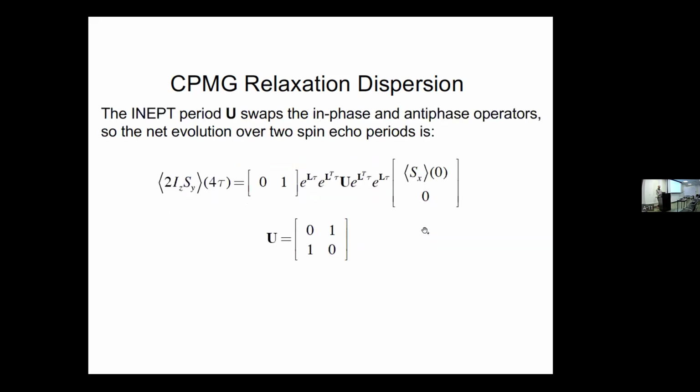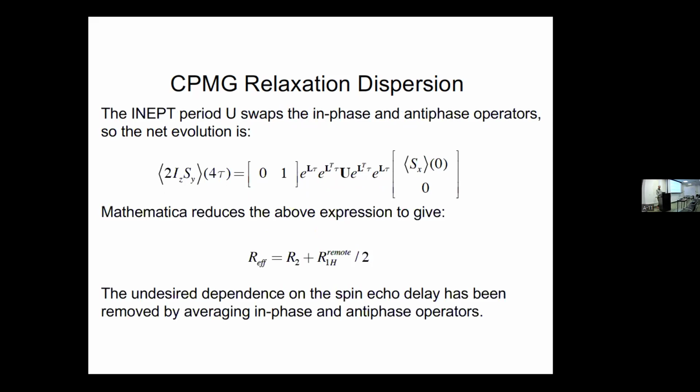That's for one, but then if we do this U period and swap in-phase and antiphase, we end up just with R2 plus half the R1. And that's the penalty you pay. If you decoupled, you just have the R2, so the decay rate would be slower, which is nice. And then of course we would normally deuterate to make this even smaller.